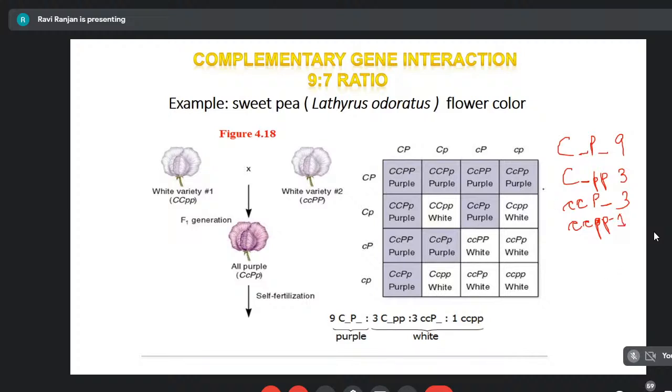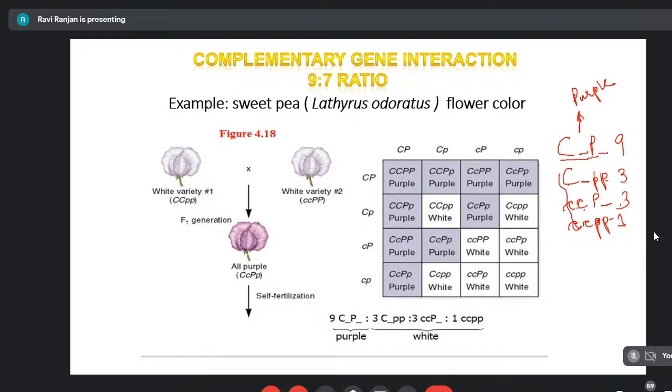Now, in this case, all 9 will be colored, that is, they will produce purple flowers. But these 3 will not, because here capital C is there, so the intermediate product will form, but anthocyanin can't be formed. Here the intermediate product is not forming, so anthocyanin cannot be formed. And in the last one, none of them are expressing.